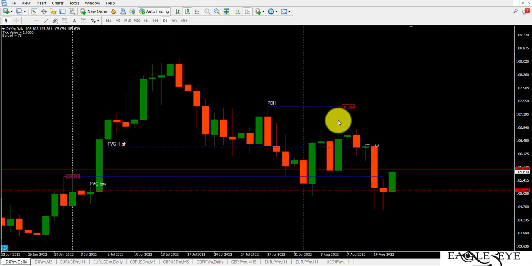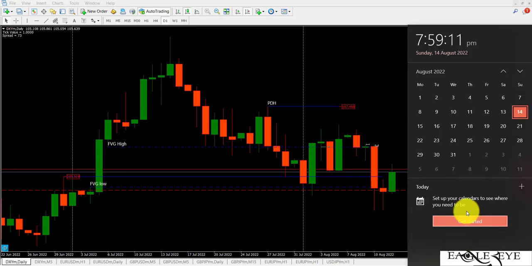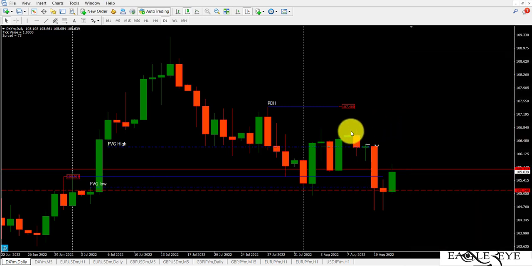All right, so in this previous week, on the 8th to 12th of August, I was expecting that that particular run would actually continue. This particular day was NFP week, so we had an imbalance right there, and probably I was expecting that imbalance to be rebalanced, and from there we take up and then take out this particular low.